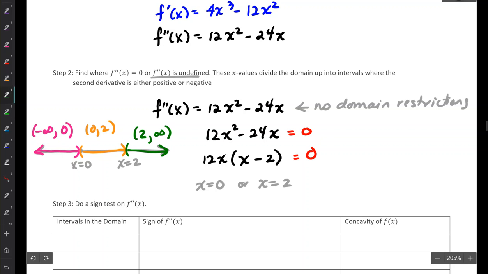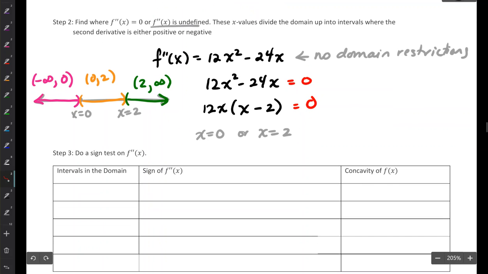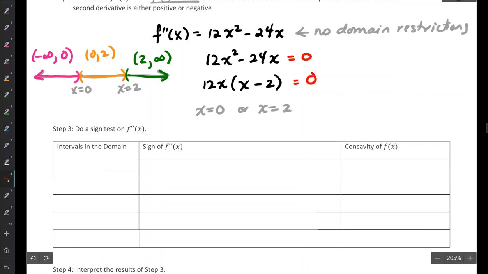You pick a number in that interval, say in the pink interval, and the second derivative is either going to be positive or negative there. Those are the only choices, and that's true for each one of these intervals. So here we're going to go ahead and do our sign test on the intervals.